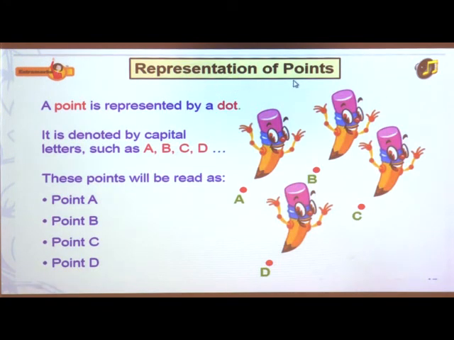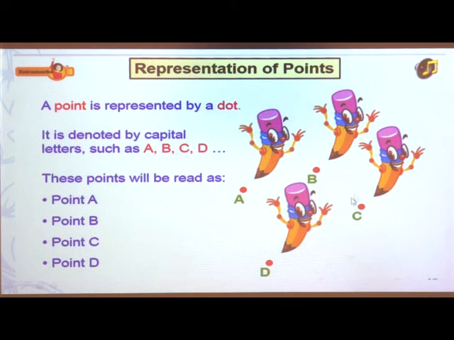Representation of points. A point is represented by a dot. It means if we want to show any point, we can simply represent it by a dot. It is denoted by capital letters such as A, B, C, D. As you can see here, point A, point B, point C and point D. Wherever a dot is given, which is also called a point, we denote every dot with capital letters.